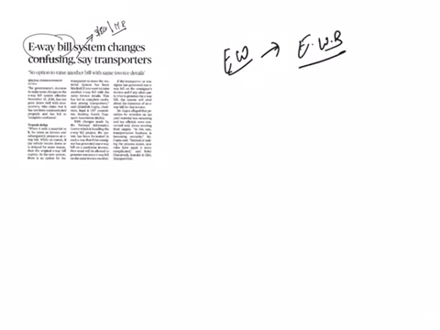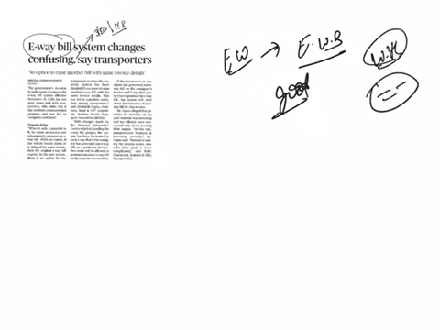It is a bill that is electronically generated for the movement of goods from one place to another. That can be either interstate or intrastate. Interstate means within the state and intrastate means between one or more states.